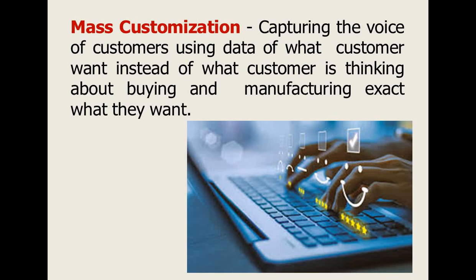We just collect the data from the customer, and we decide what they need, what they actually think, what their need is for buying a product, and we find it immediately using this tool, mass communication. So these are some of the tools we use to collect customer complaints or feedbacks.